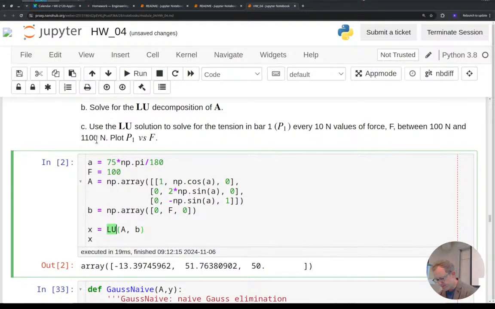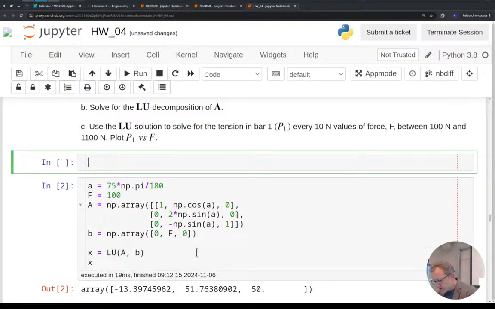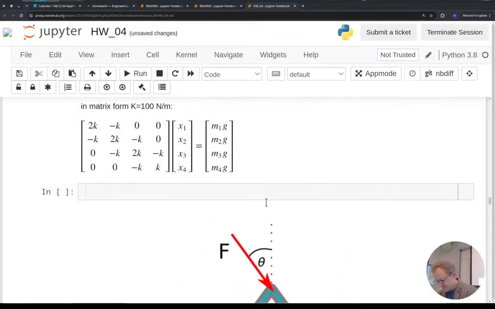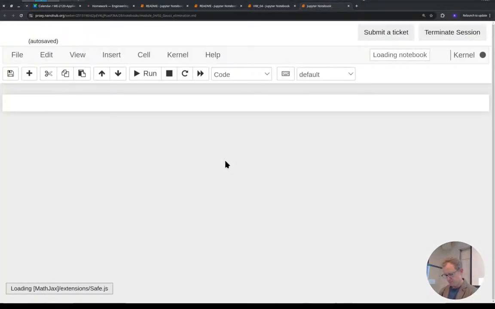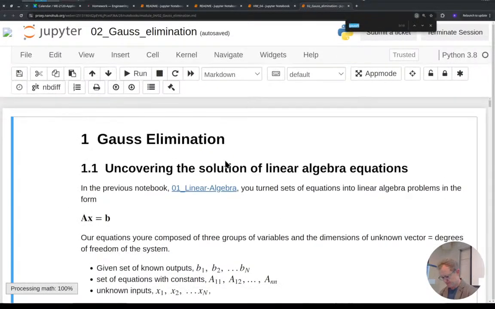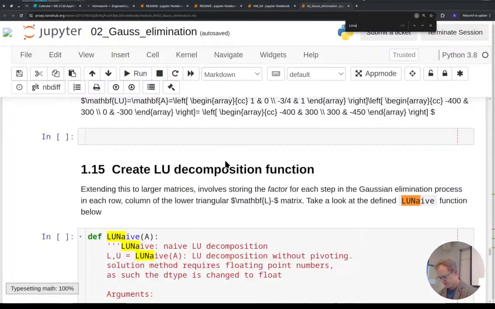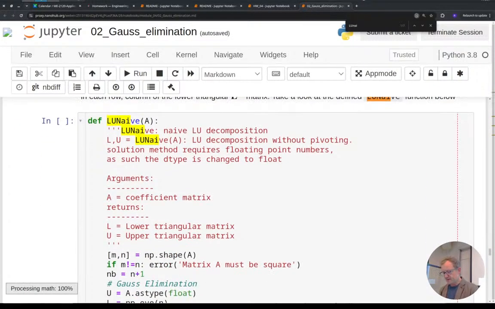What do I want to do? So in the reading, there's an LU naive function. It's the same process as Gauss elimination, except it saves both the upper triangular matrix, which is our augmented output from Gauss elimination, and it also keeps track of what coefficients we used to create it.